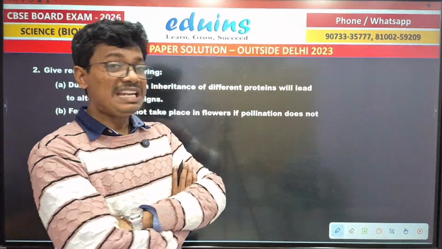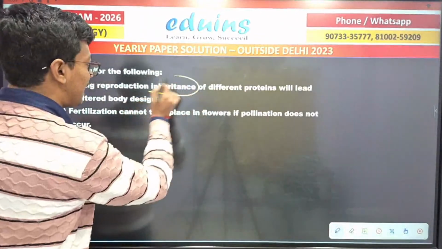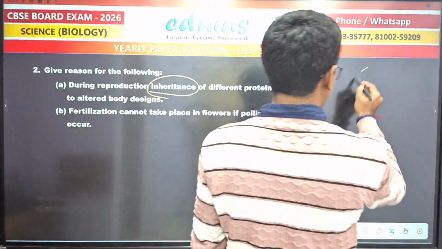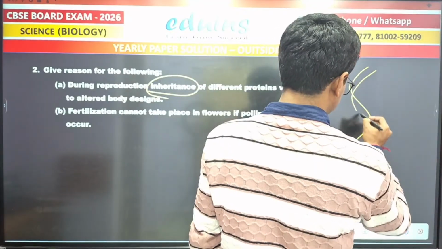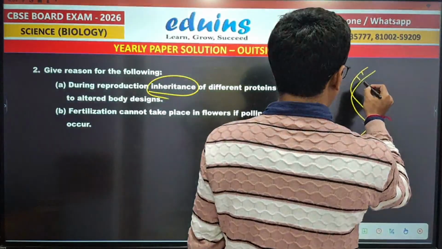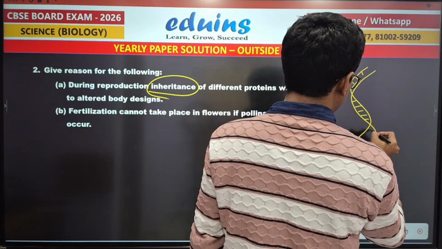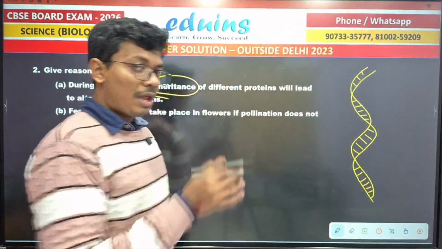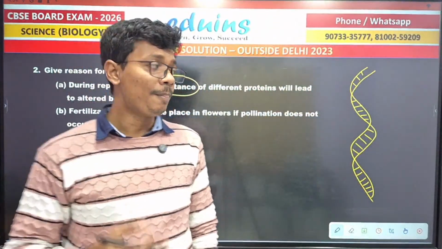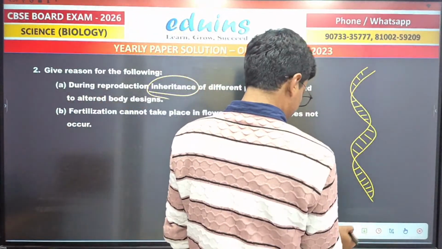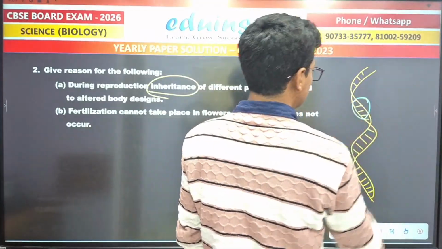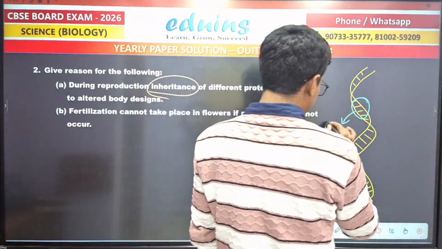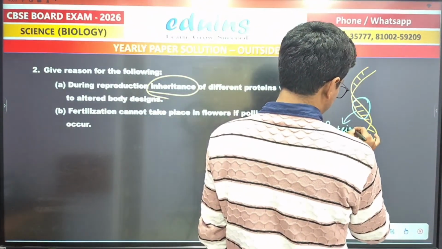We know the inherited characters are carried by the genes, and the genes are located inside the DNA, and this DNA is responsible for the production of specific proteins. How? The DNA has some active regions which are able to encode proteins.